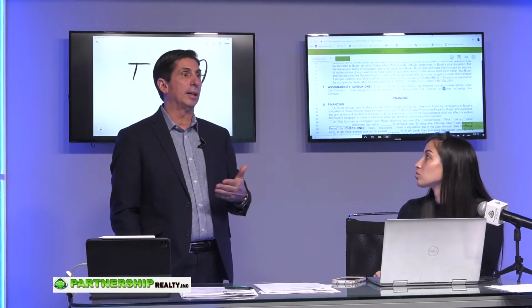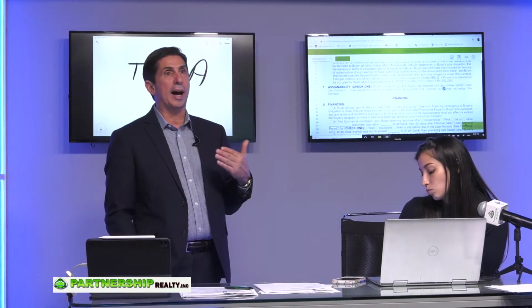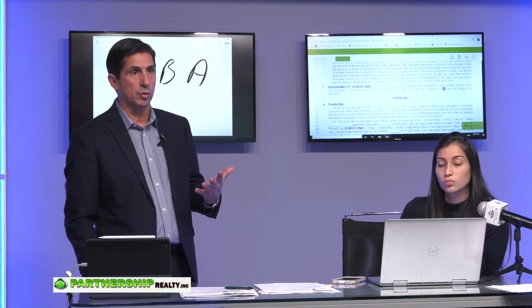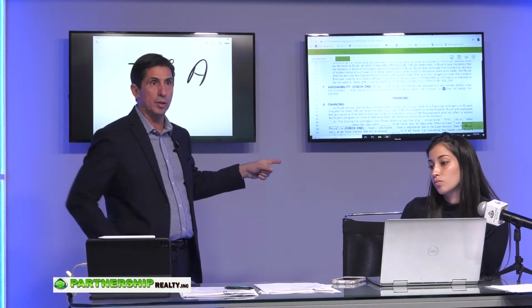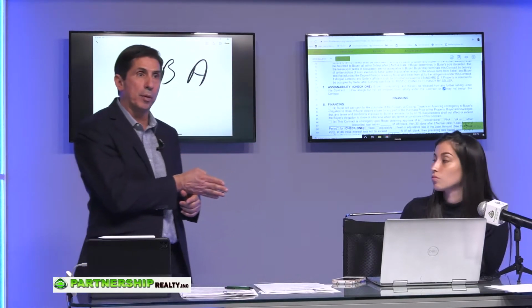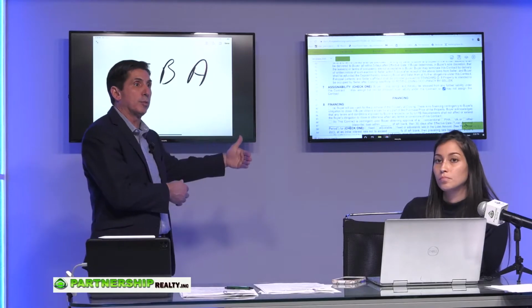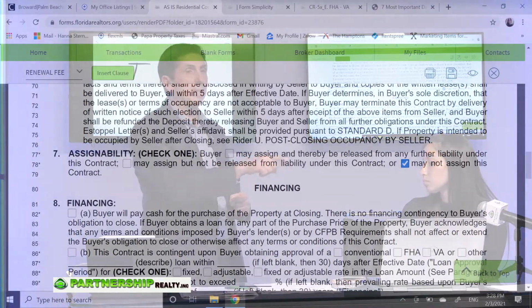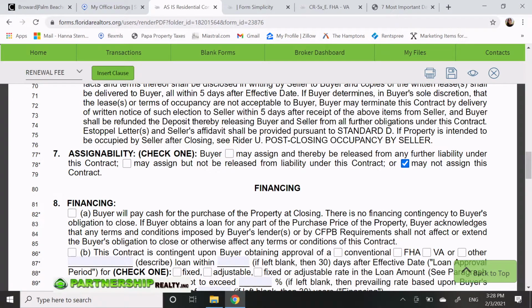We are not going to allow that because sometimes I've seen up to 5 deals ride on one deal. It starts with your deal first, and then that seller's buying another seller's property, and that seller's buying another seller's property, and it turns into a dominoes effect. And if the deal number 1 doesn't close, then you're talking about a nightmare for a lot of families and a lot of individuals.